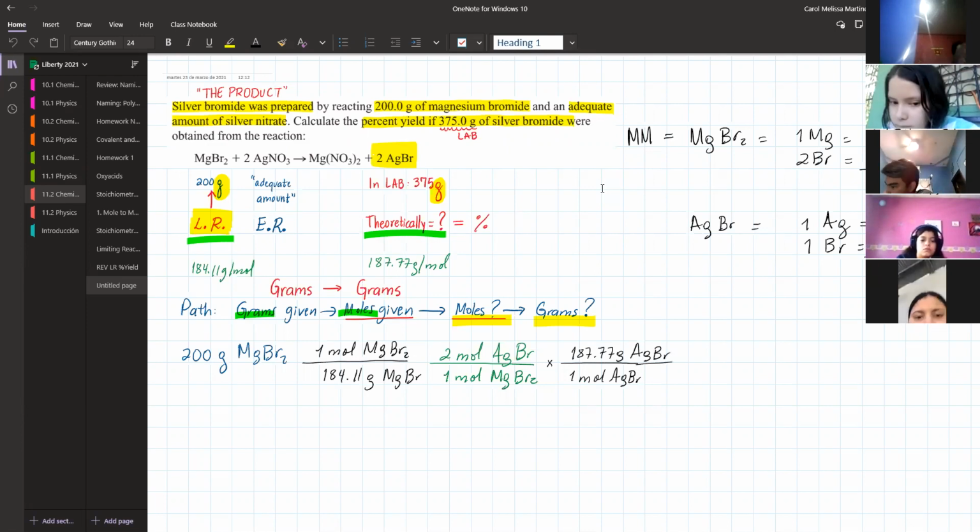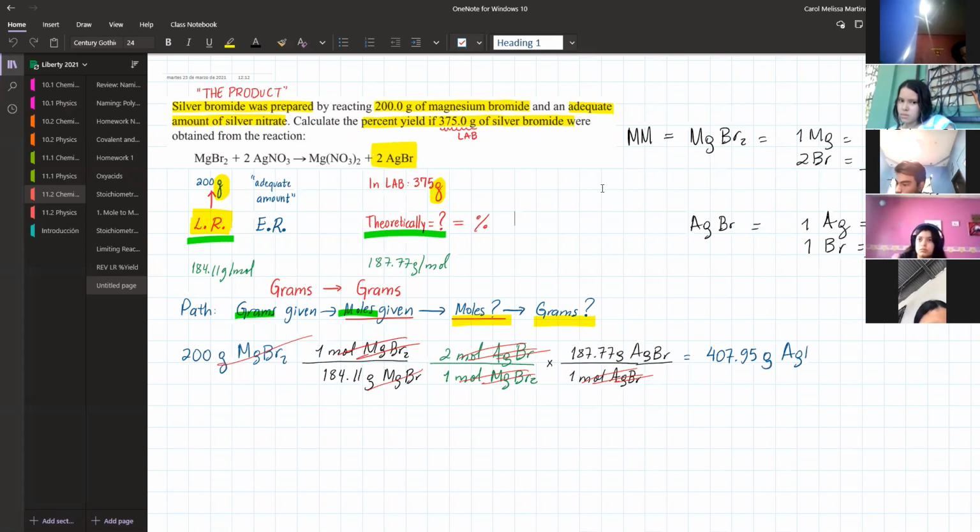How much is this? 407.95 grams of AgBr, silver bromide.